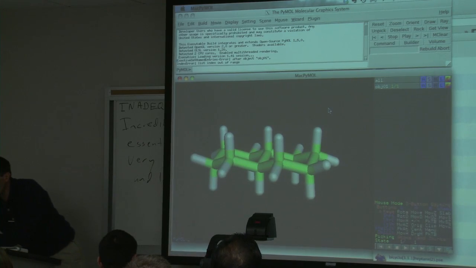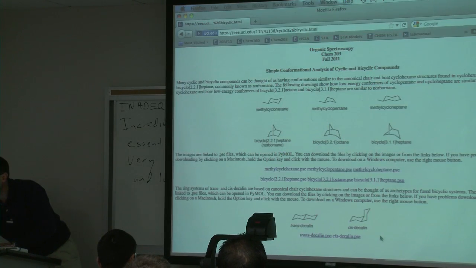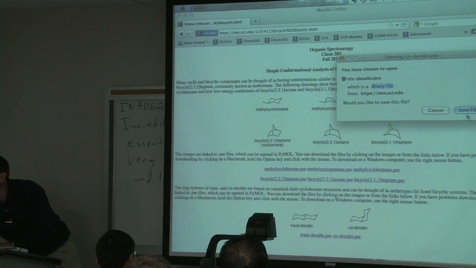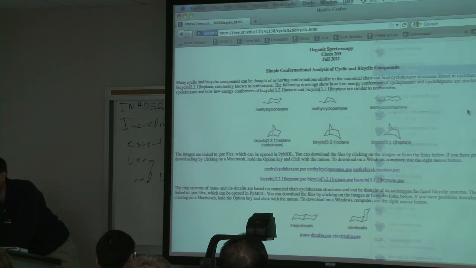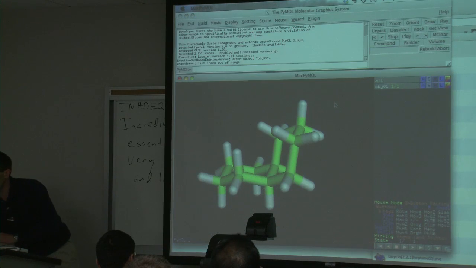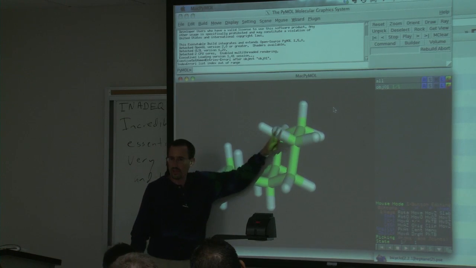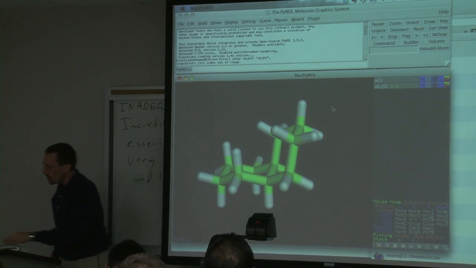And cisdecaline is also chair-chair, and here I've drawn it the way you'd get from a projection. And here's your cisdecaline, and it's just a chair, and then we have an axial group and another chair.